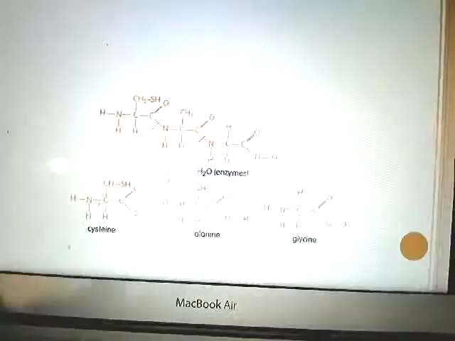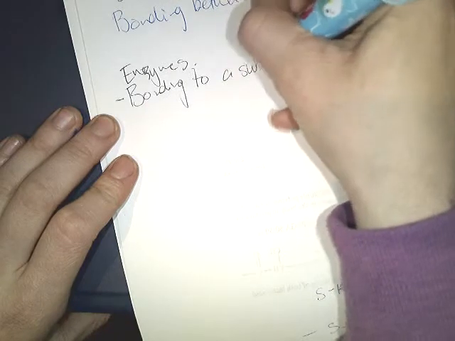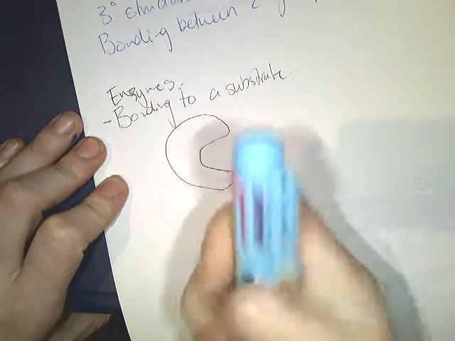Now we've really got to make a move on to enzymes. Enzymes are catalysts, they speed up the rate of reaction. They're called biological catalysts because they exist in living things. They work by bonding to a substrate. Now, let's say that the enzyme shape is like so.